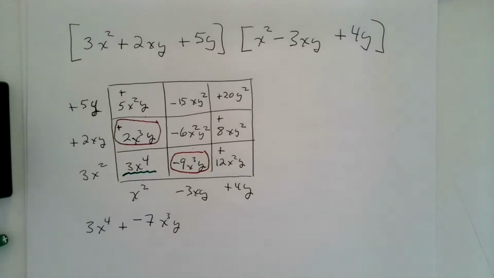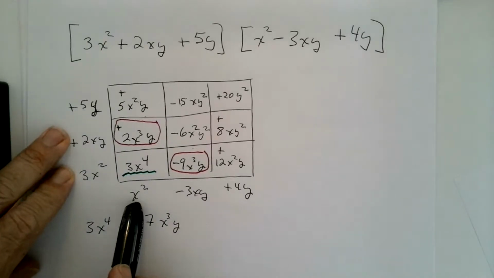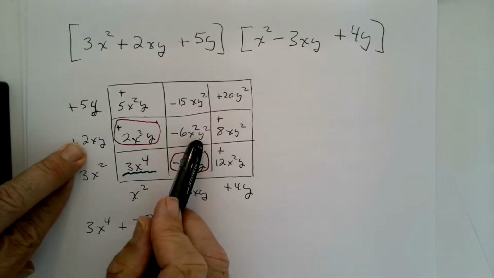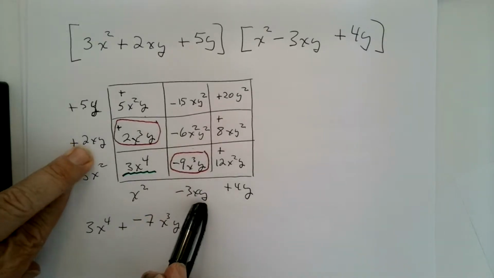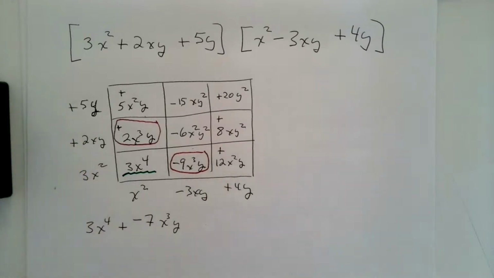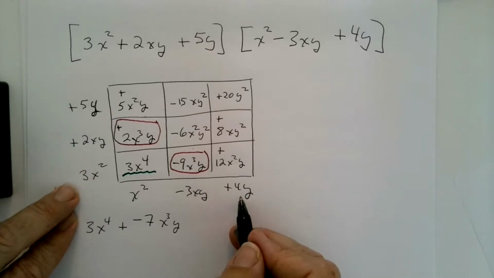So we have a couple of these. X squared y here. X squared y squared here. X squared y squared here. It looks like I made a mistake. So, nope, that's not wrong.